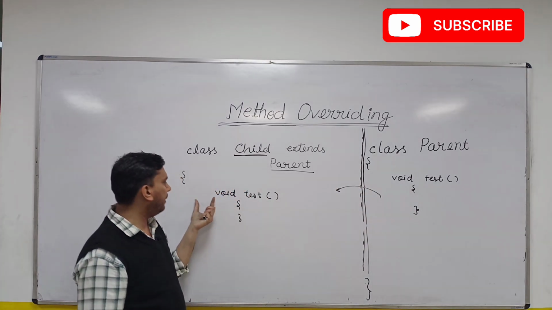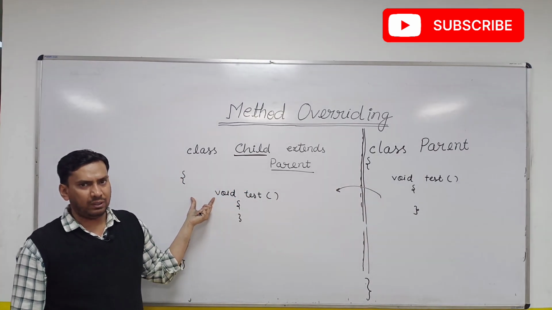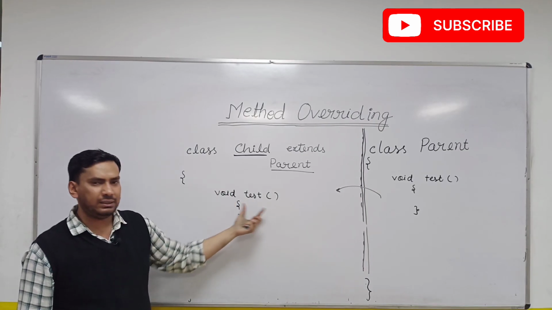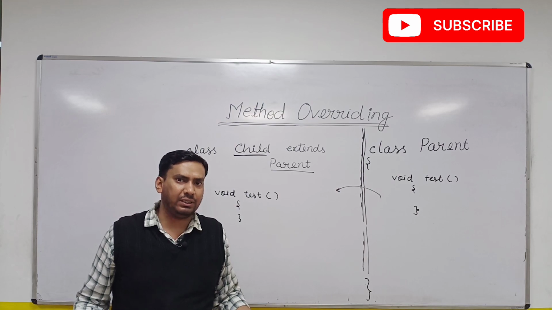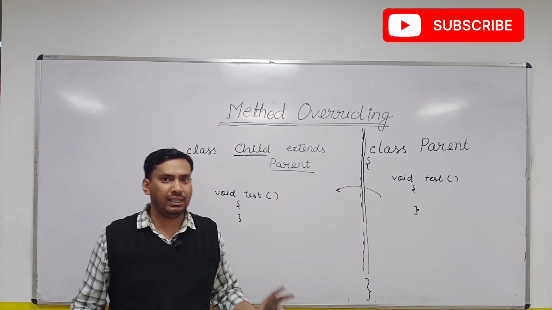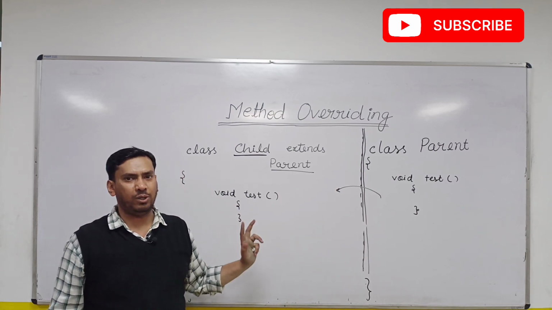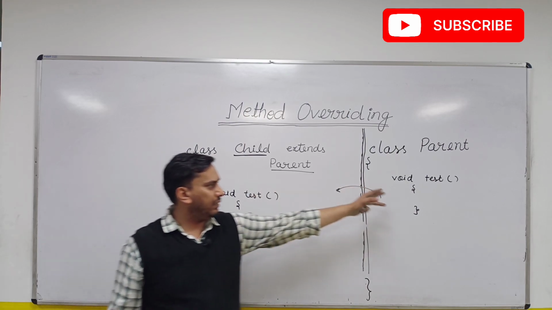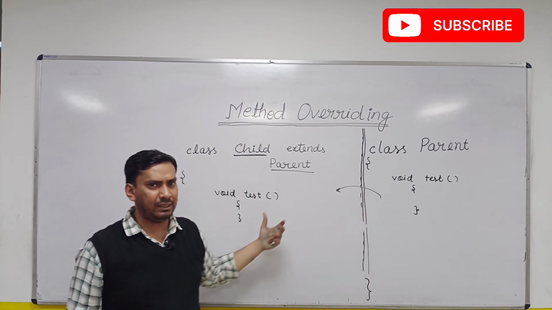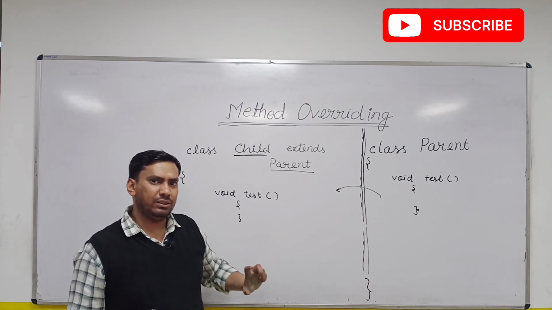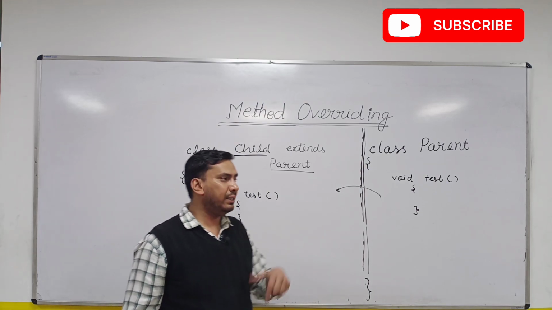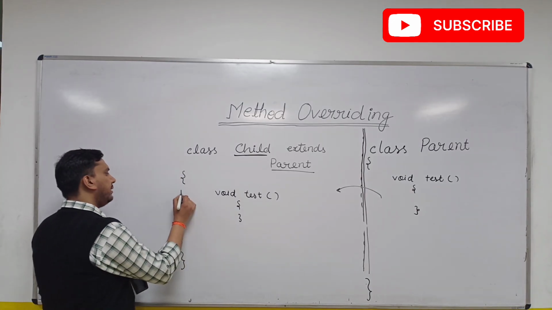Here also I am keeping it as default, so its accessibility level is the same. I am not restricting and not enhancing the access modifier, so that is not a problem. I had the same accessibility level in the parent class and I am retaining it, so there is no problem. But can I write private here?